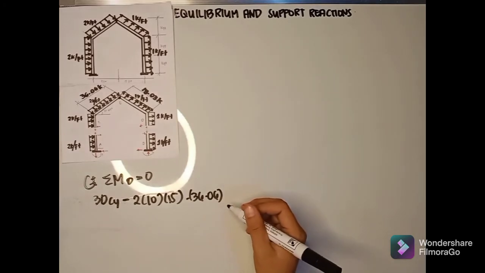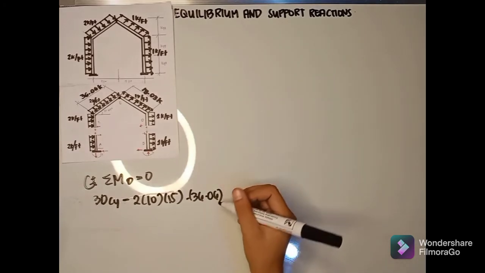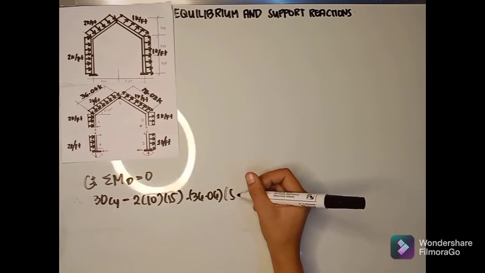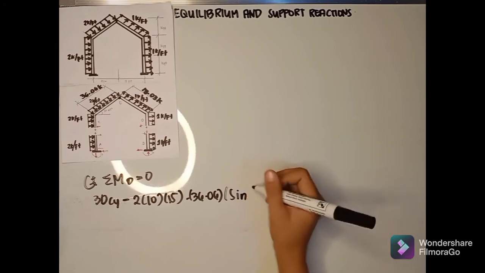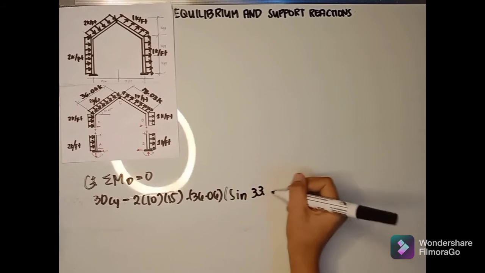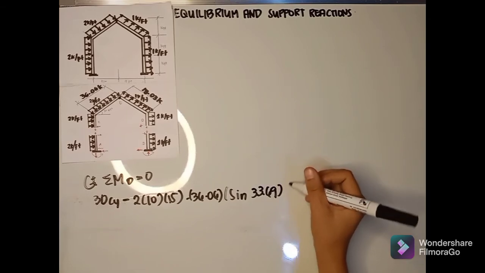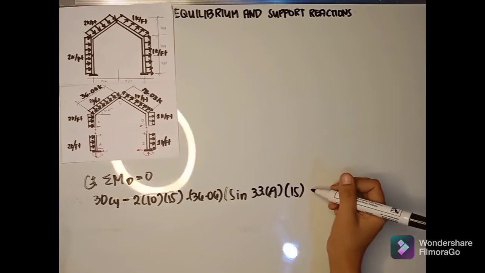For the vertical component, this is 36.06 times sine of 33.69 degrees, the angle, times the moment arm 15.